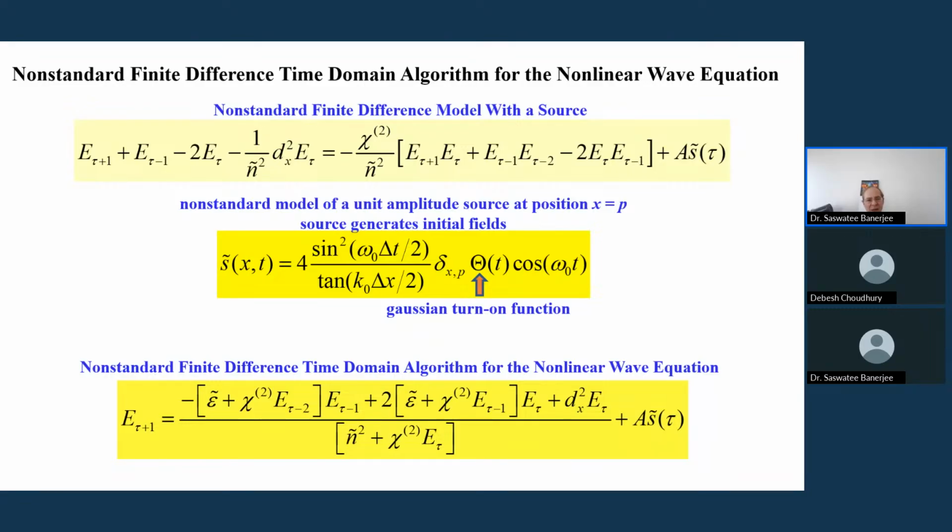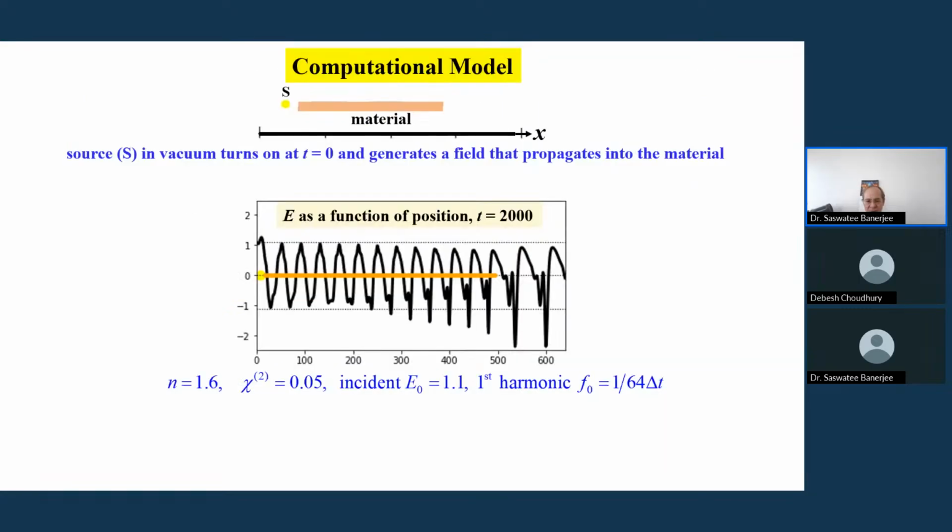And similarly, your time step would be, say, 1/8 or 1/64 of a wave period. So it all scales. Everything that I'm showing you can scale depending on the frequency that you're using, whether it's light or microwaves or even radio waves, although I don't think we care too much about radio wave propagation in nonlinear materials. All right.